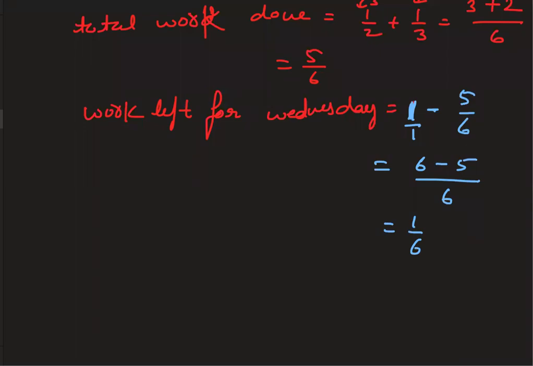This is the work left which she has to do on Wednesday if she wants to complete the whole work. अगर वो पूरे का पूरा work Wednesday को complete करना चाहती है तो she has to do 1/6 of work on Wednesday. Is it clear or not?